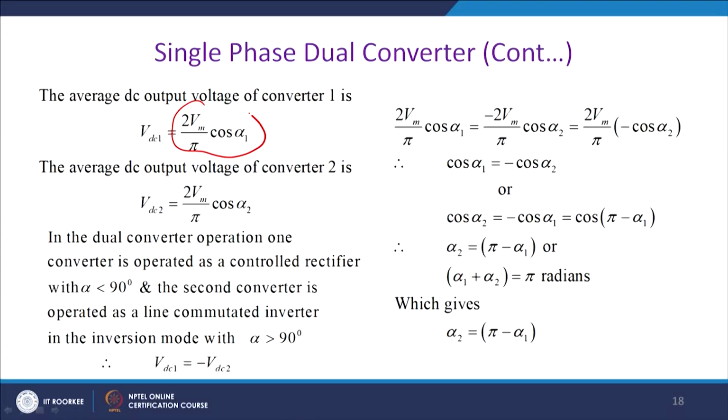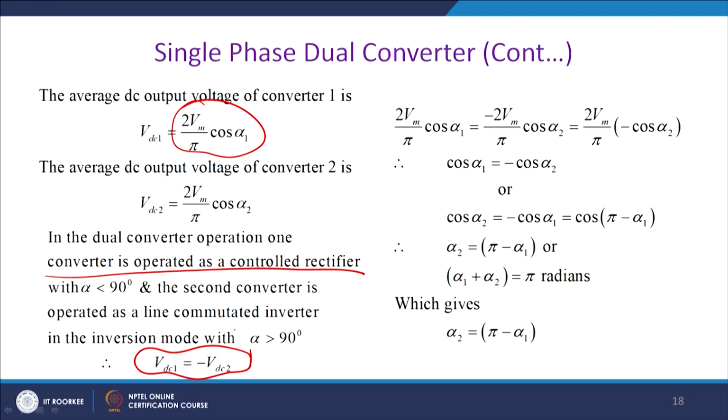Of course, since it is a full control converter, for the first converter on the left hand side the average voltage VDC1 will be 2 Vm by pi times cos alpha 1. Similarly, the output voltage of the second converter, VDC2, will be 2 Vm by pi times cos alpha 2. In the dual converter, one converter operates as a controlled rectifier with a triggering angle less than 90 degrees, and the other has to be more than 90 degrees. If one is triggered at alpha, the other is triggered at 180 degrees minus alpha.